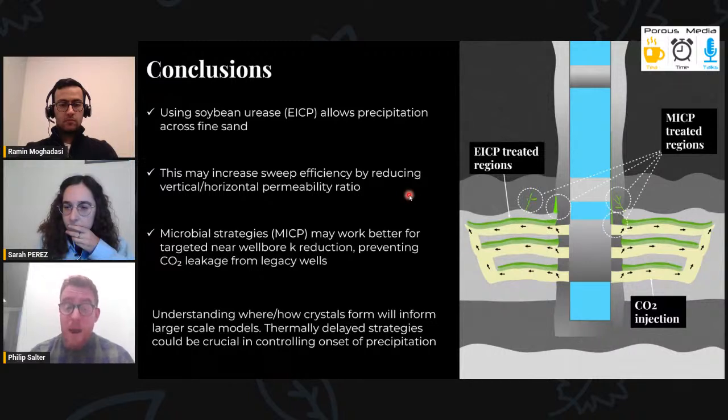And understanding where and how these crystals form will inform larger scale models. Our future sets of experiments at the Diamond Light Source synchrotron facility will investigate thermally delayed strategies that could be crucial in controlling the onset of precipitation. And we'll also look at dissolution of this precipitated calcium carbonate by CO2-enriched brine.